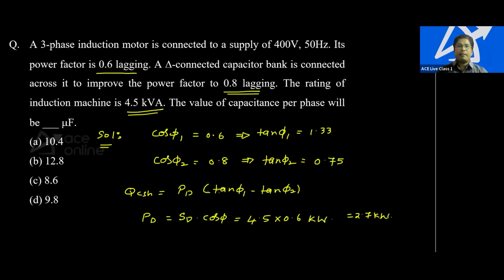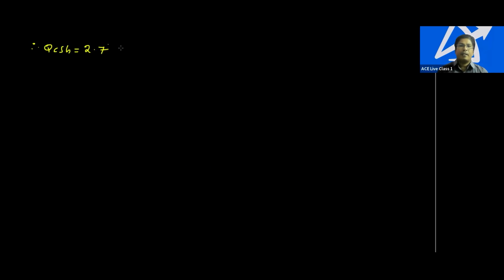Now calculate QCSH, students. The formula is P into tan phi 1 minus tan phi 2. So it is 2.7 into 1.33 minus 0.75, which will be 1.566 kVAR.